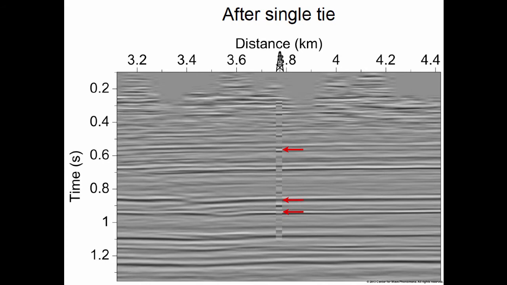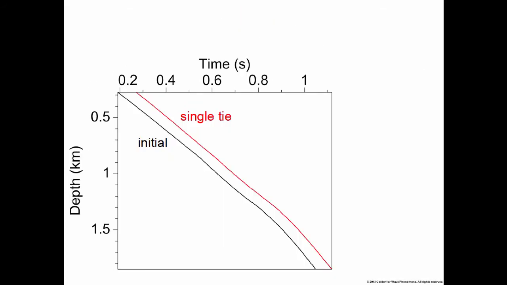So once we tie the well to the seismic, we can get a time-depth relationship. We have an initial time-depth relationship, which we estimate by just integrating the slowness from the log, and we estimate the initial static shift using some shallow velocities and statics and some shallow log velocities.